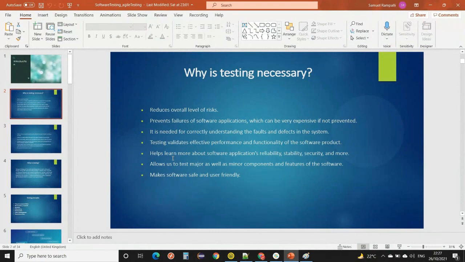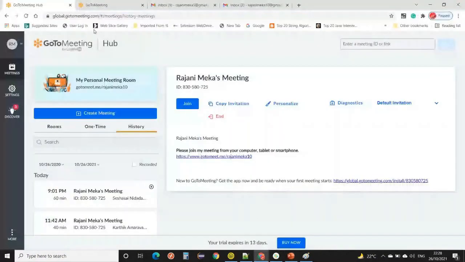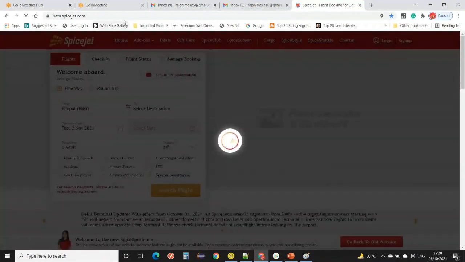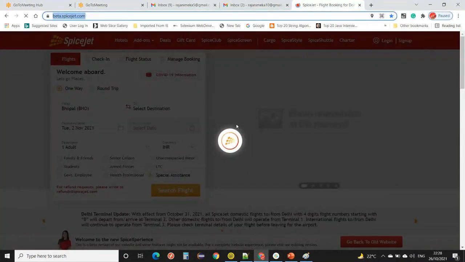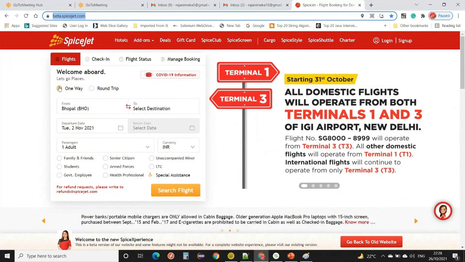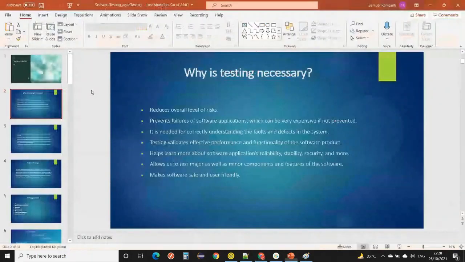It is necessary to correctly understand the faults and defects in the system, and only with testing do we understand what the faults in the application are. For example, say you are working for Amazon or Flipkart, or I'll take the example of SpiceJet, and you are performing testing activities on their site. Only with testing will you understand whether a one-way or round trip is working or not.